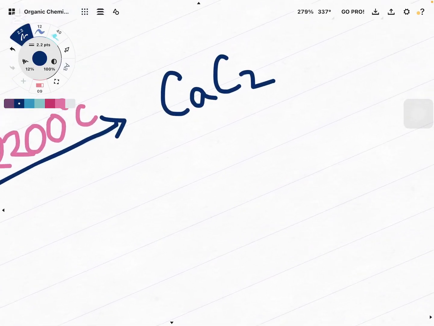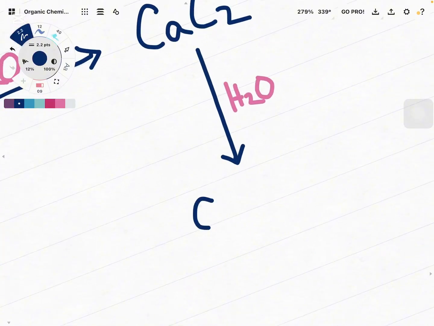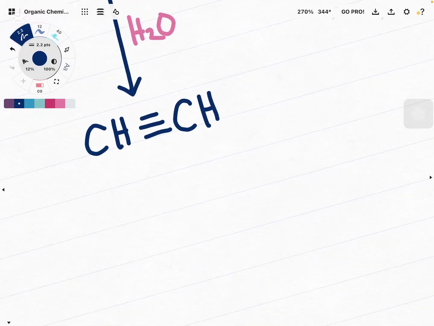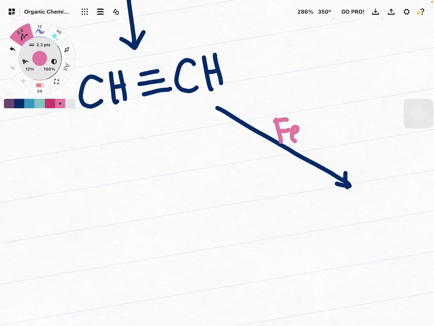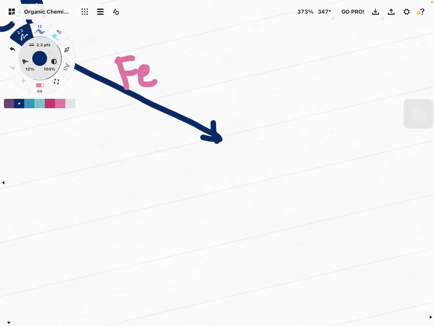So from here, with help of H2O, we will get ethane. So now that we got ethane, we need to react it with ferrous or iron to get our well-known benzene.